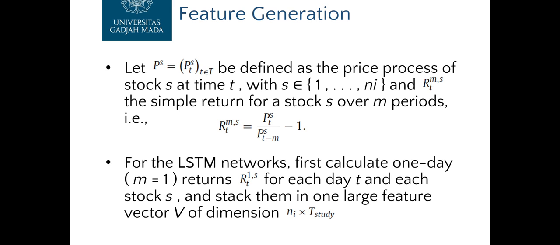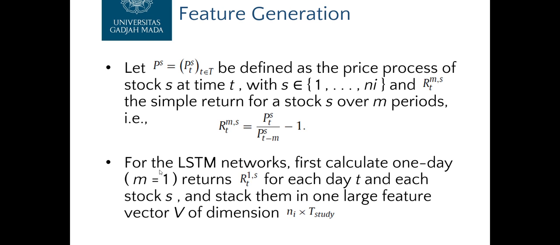This is for the feature generation. Let P_st, t an element of T, be defined as the price process of stock s at time t, with s an element of 1 until n, and R_st^m the simple return for a stock s over m periods. For example, this is the equation.